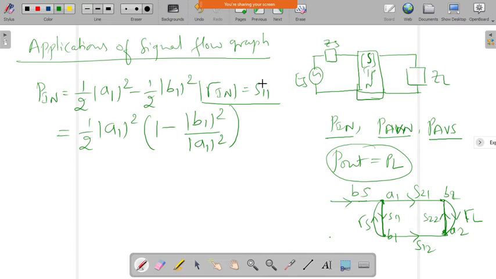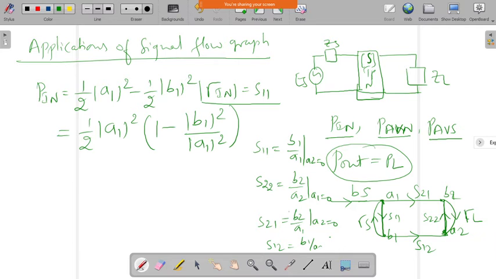The S matrix is defined in terms of A and B, the normalized incident and reflected voltages: S11 equals B1 by A1 when A2 equals 0, S22 equals B2 by A2 when A1 equals 0, S21 equals B2 by A1 when A2 equals 0, and similarly S12 equals B1 by A2.